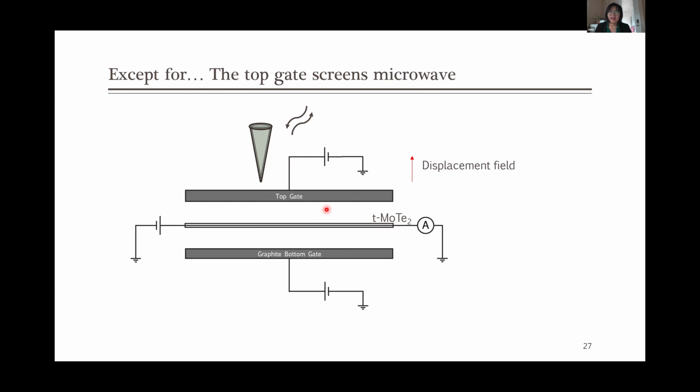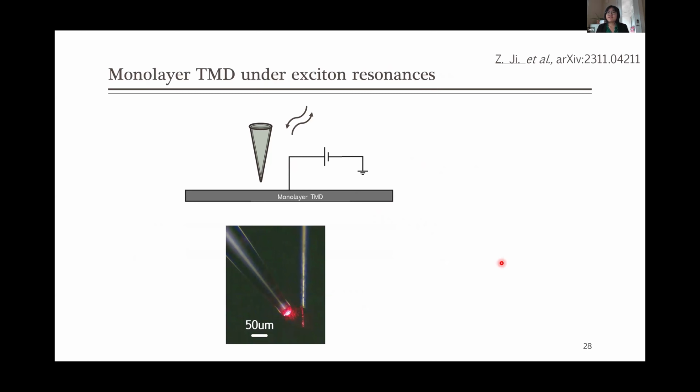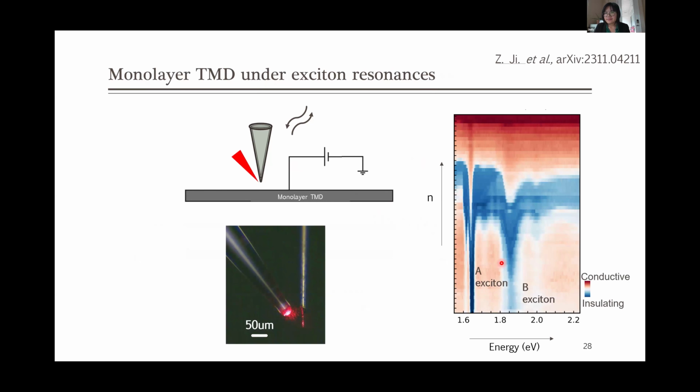So we utilized our finding in the first part of this talk, that monolayer TMDs under excitonic excitations can have a large transparent region. Here at the A exciton and B exciton excitation energies, you see those bluish colored regions, which are very long and broad in doping.